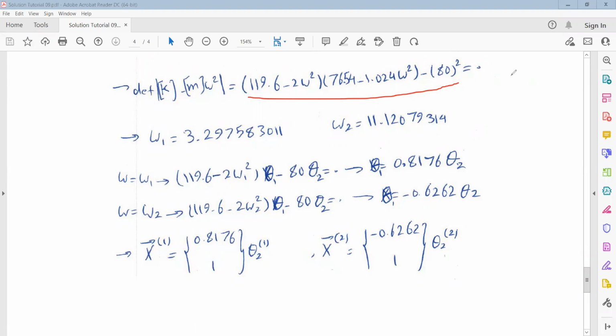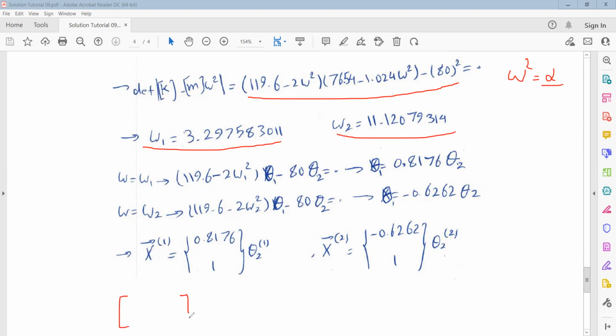Again, you need to substitute omega squared equal to alpha and solve an algebraic equation of order 2 in terms of alpha. And omega 1 is equal to the square root of alpha 1, and omega 2 is equal to the square root of alpha 2, where alpha 1 and alpha 2 are the roots of the characteristic equation. Now you need to substitute omega equal to omega 1 in this matrix again.